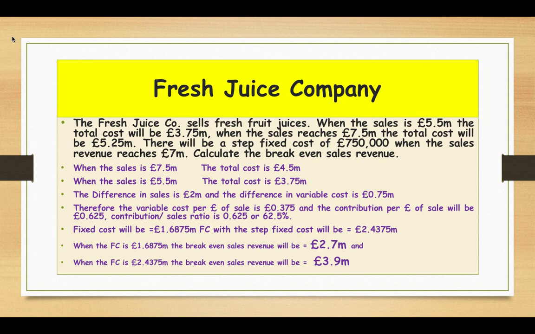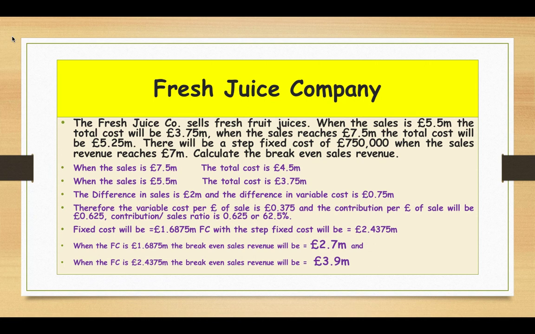Now we'll calculate the variable cost per pound of sale. The difference in sales is 2 million, and the difference in total cost is 0.75 million.